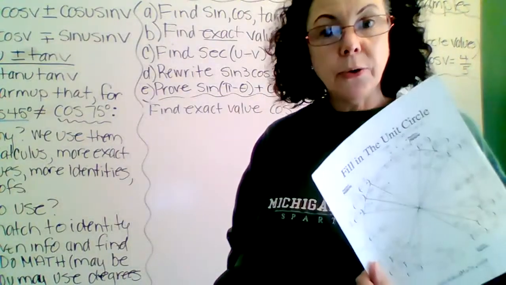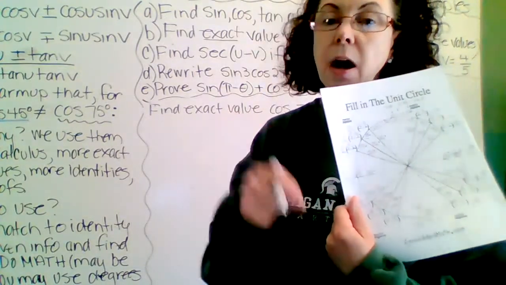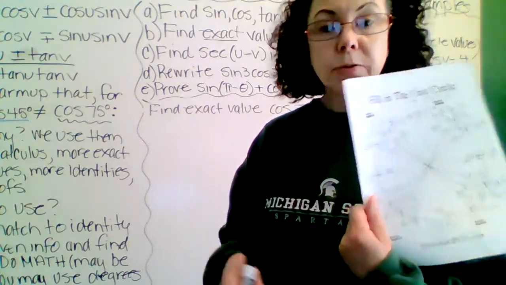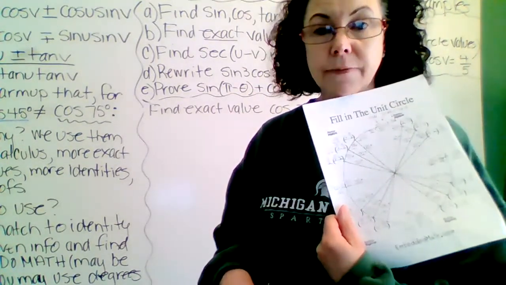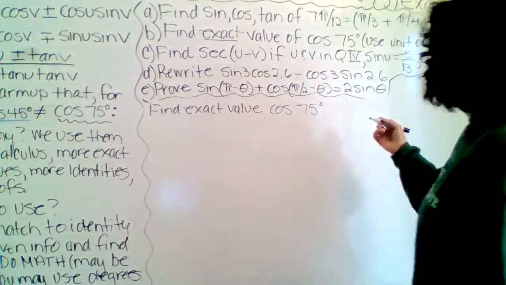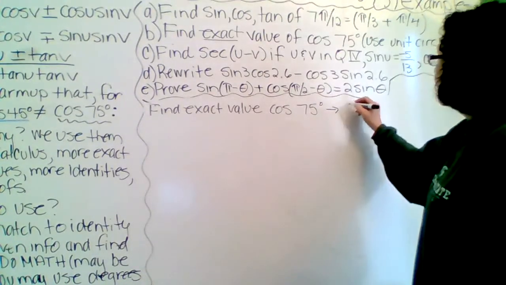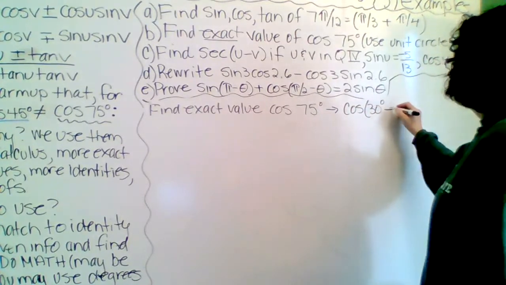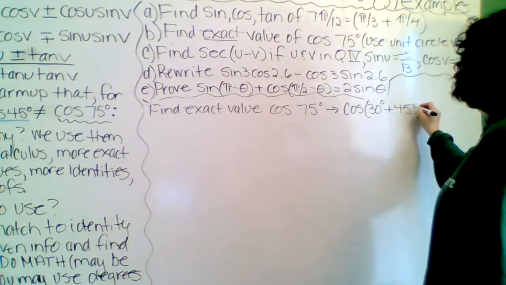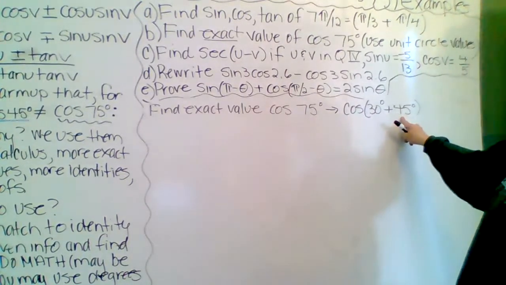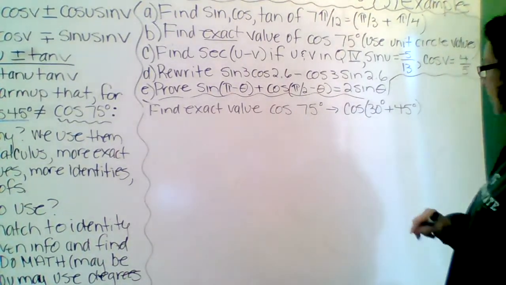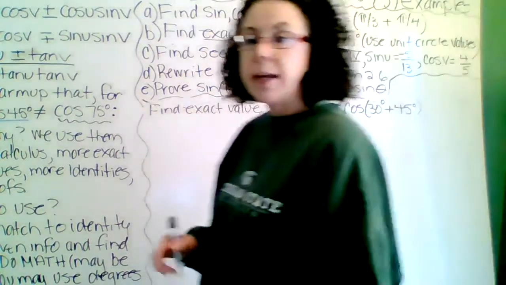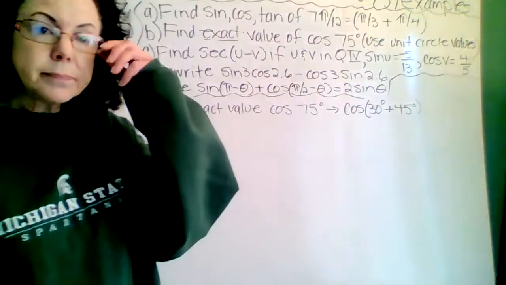So I find 2 angles that are on the unit circle and either add them or subtract them to get 75. So I am going to write cosine of 75 as cosine of 30 degrees plus 45 degrees, because these 2 angles really do add to 75 degrees. And now I know to use the cosine of two angles being added formula.